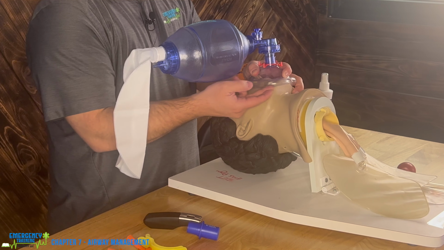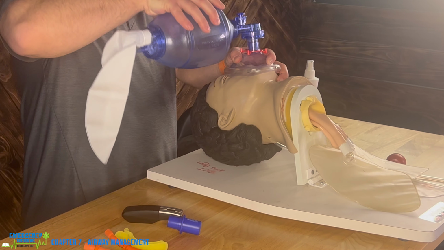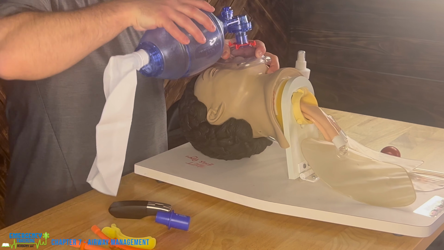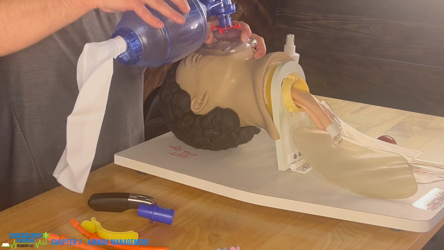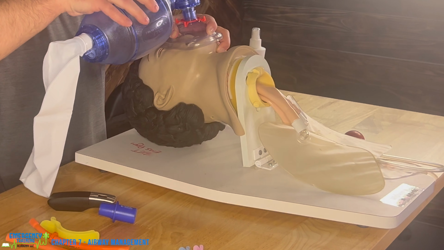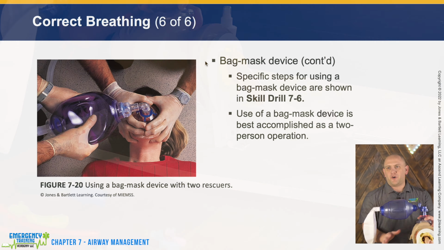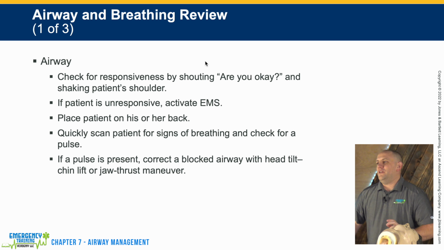And then you're going to notice that you get some leak as you're bagging on the side that you don't have a hand down with the seal. So what I do at that point is I actually pull the mask or the bag down, which will create pressure on the side of that. And so as we bag, we're able to see that chest rise and fall. The preferred method would be to have 2 providers and then to create that good seal, doing the jaw thrust, pulling the jaw up into the mask.